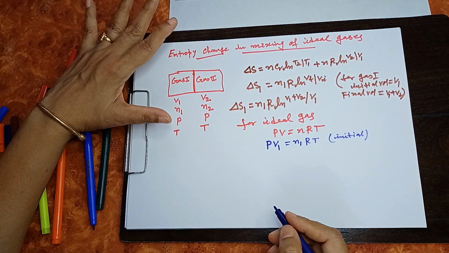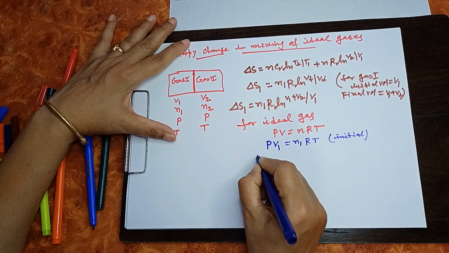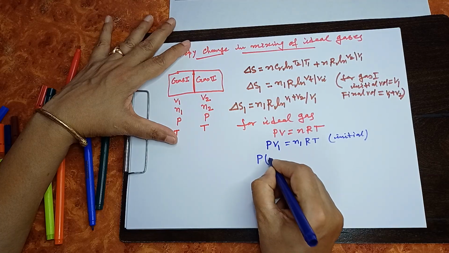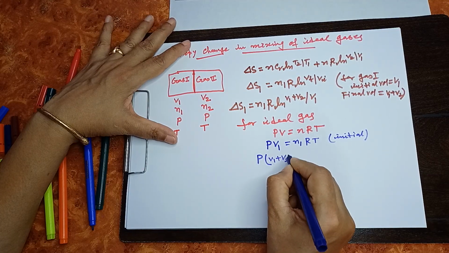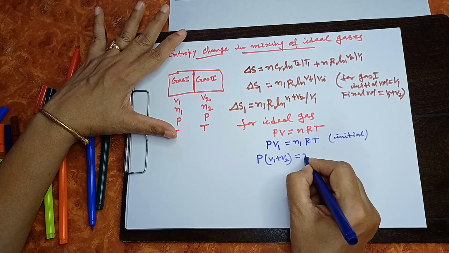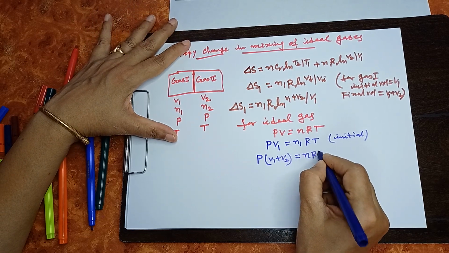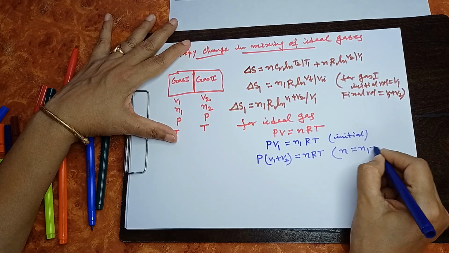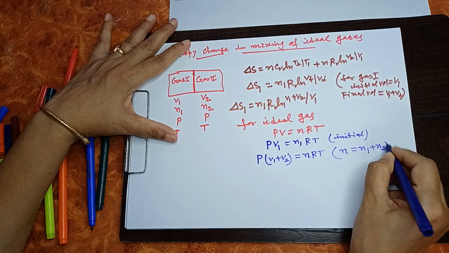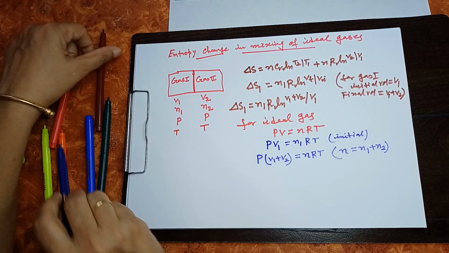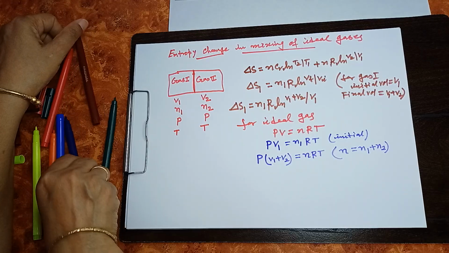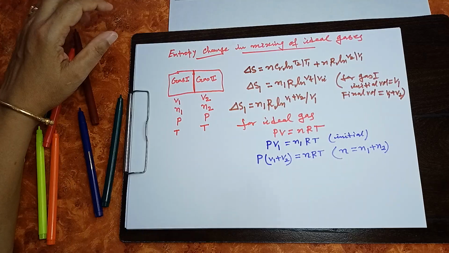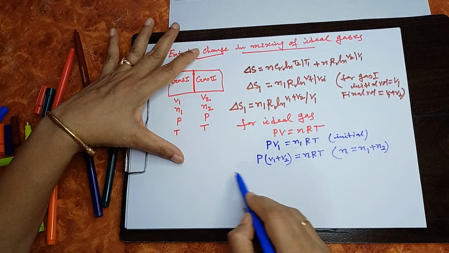And in the final state, what can we write? Pressure is the same, as I told you, after mixing also you are considering pressure the same. Volume is V1 plus V2. Number of moles is N, where N means N1 plus N2, the total number of moles. After mixing, it will be the total number of moles, that is moles of gas 1 and moles of gas 2.